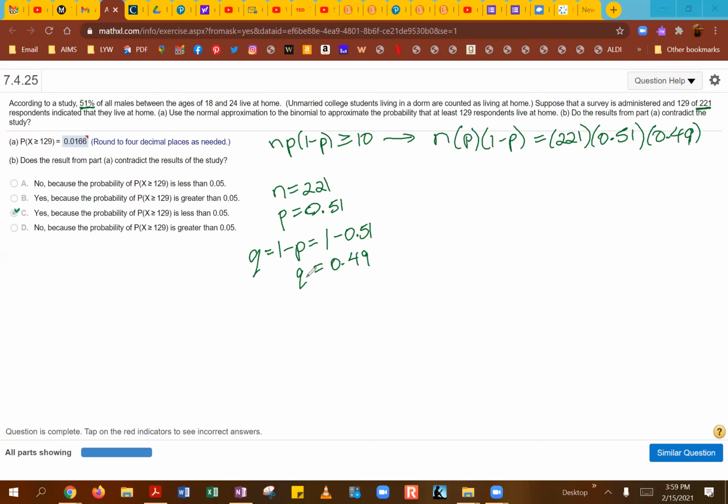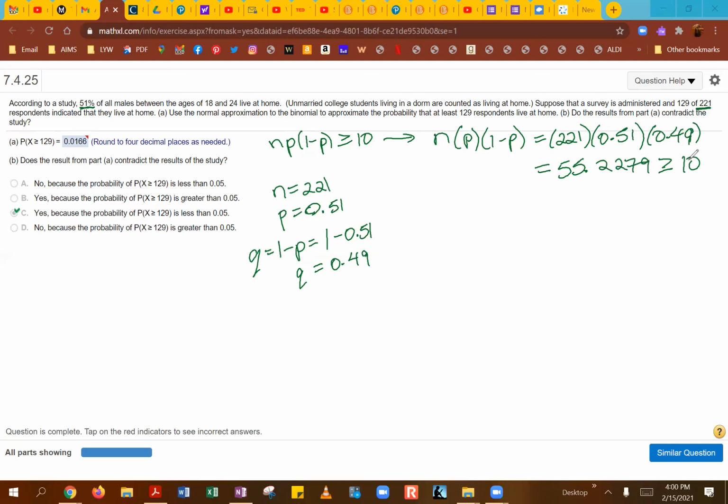So when you multiply n times p times 1 minus p or q, you are coming up with 55.2279, which is obviously greater than the number 10. So obviously we can go ahead and proceed with approximating this binomial variable.